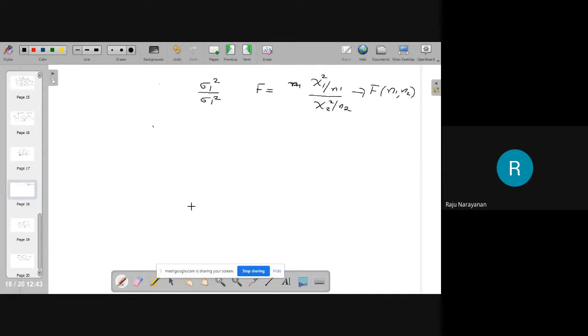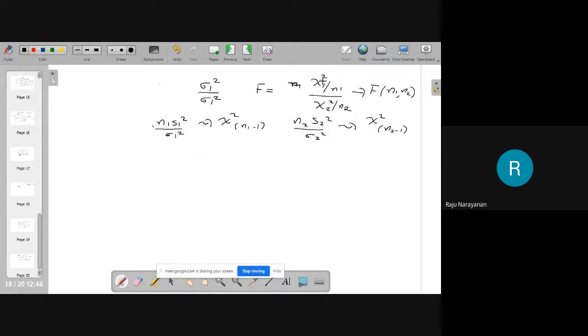That is, n1 s1 square by sigma 1 square follows chi-square with n1 minus 1 degrees of freedom. n2 s2 square by sigma 2 square follows chi-square with n2 minus 1 degrees of freedom.